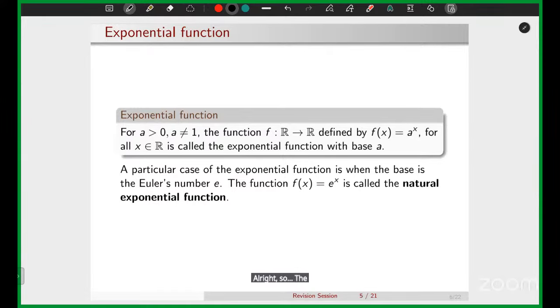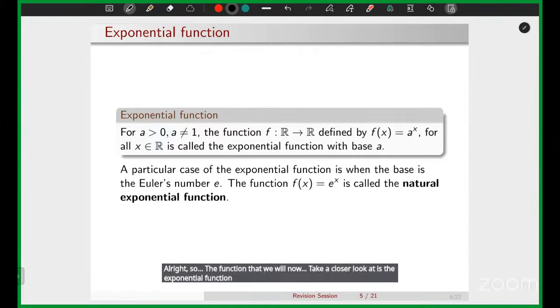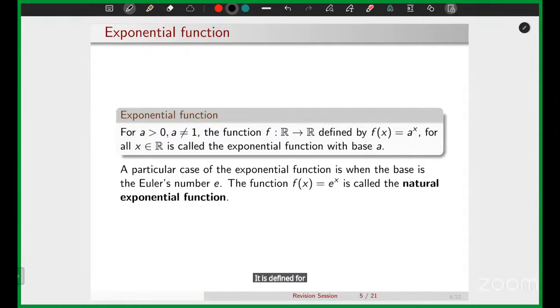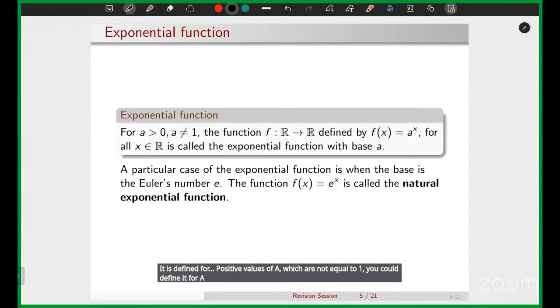So the function that we will now take a closer look at is the exponential function. It is defined for positive values of a which are not equal to 1. You could define it for a is equal to 1 also, but if you have 1 as the base and you raise it to any power x, it just remains 1. So it's a constant function.